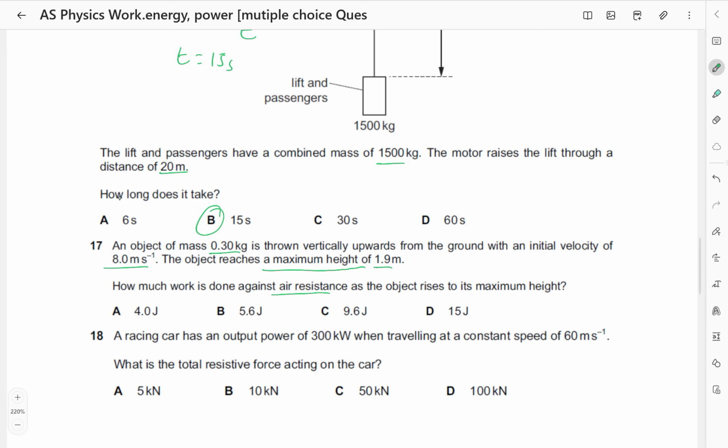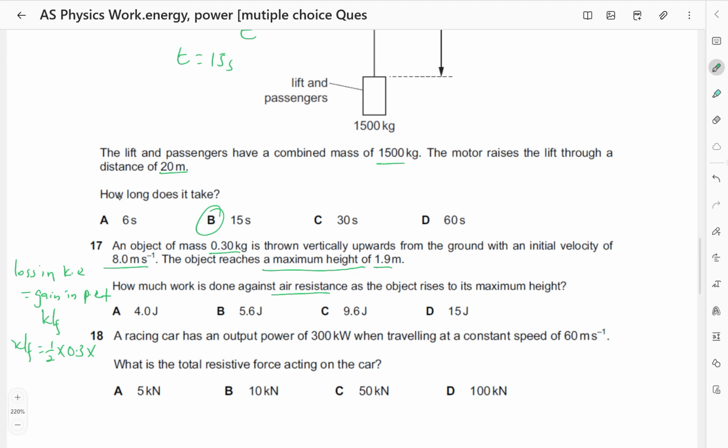Okay, so when it is raising to its maximum height, one, it is losing kinetic energy, so loss in kinetic energy. Two, it is gaining potential energy, so the loss should be equal to the gain in potential energy. And three, there is work done against friction, so plus work done against friction. So how much work is done against friction? The work done against friction is going to be the loss in kinetic energy, which is a half times the mass, 0.3, times v squared.